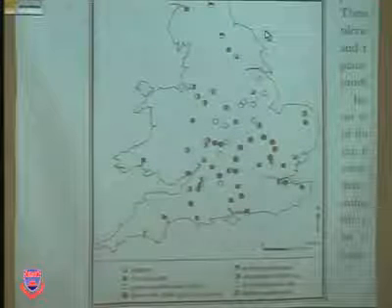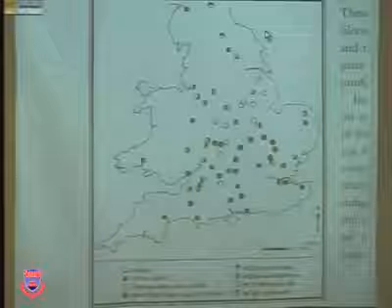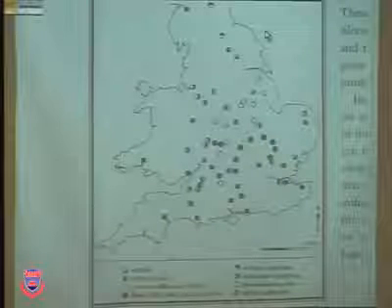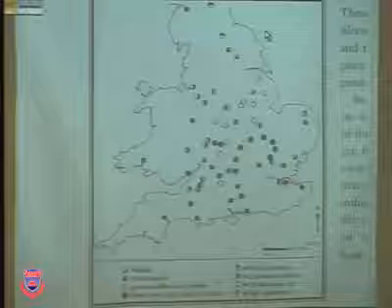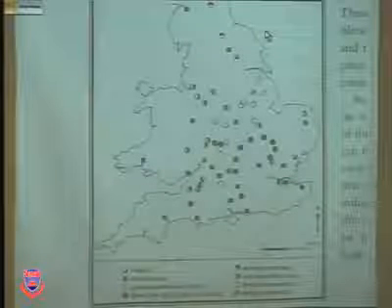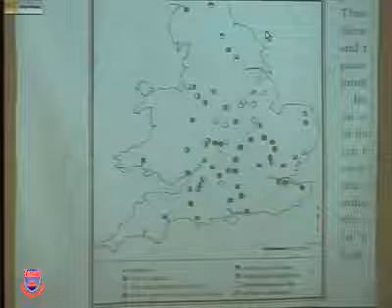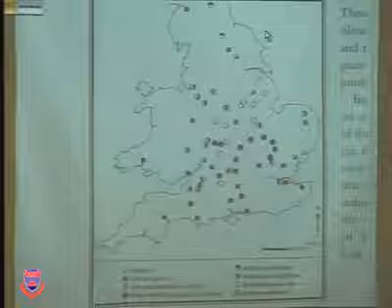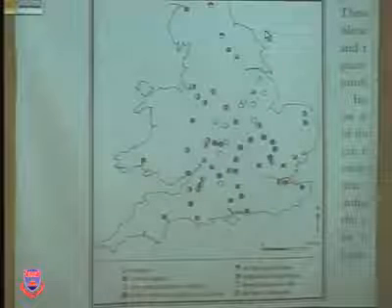Most of the circles and squares are, I think, in the southern part. So we can say that the fortresses and civitas capitals tend to appear mostly in the southern part.